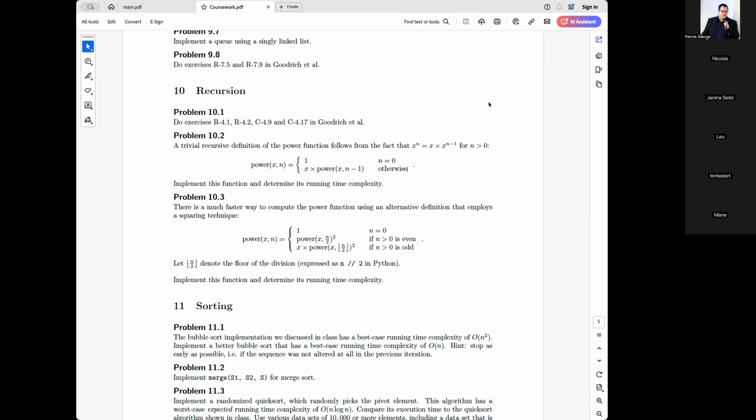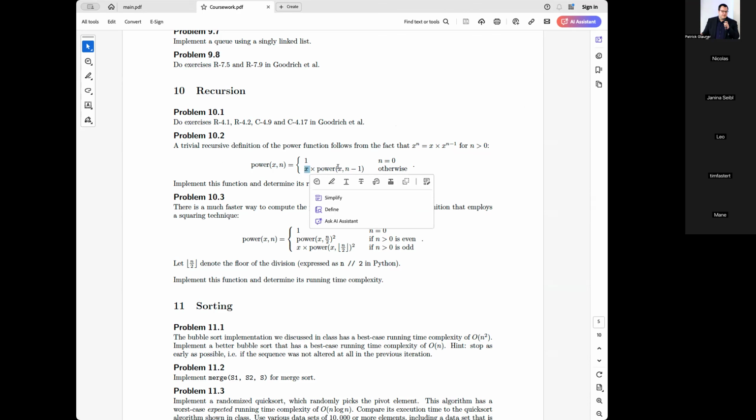And this is just a naive linear way to implement the power function. Here we just look at positive powers n, so we don't look at negative powers or fractions.